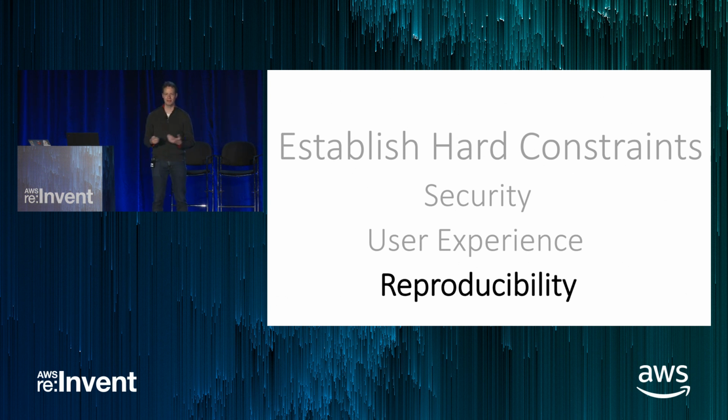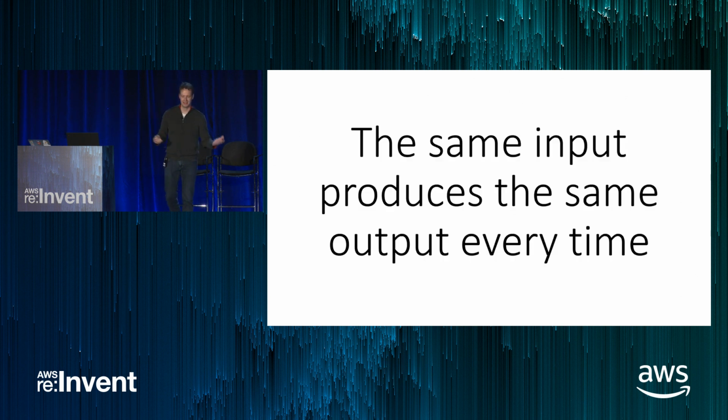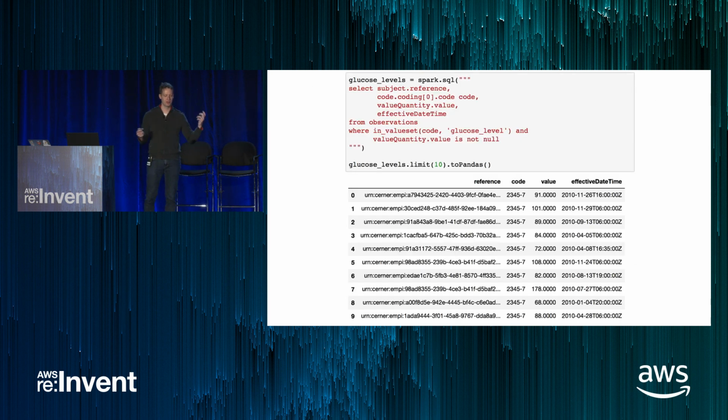And by reproducibility, it's really a simple idea: the same input produces the same output every single time. So if I'm doing a machine learning use case, for the same query, I need to be able to recreate that every time I do it, in order to tune my models or reproduce previous results to make sure that they're valid. This is important from a user experience use case.